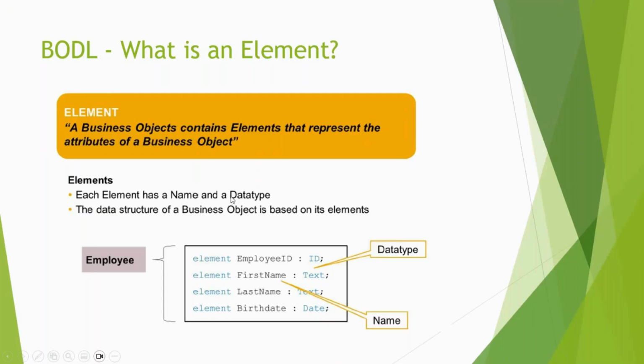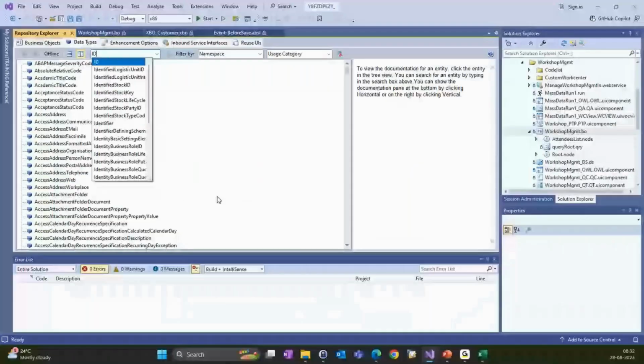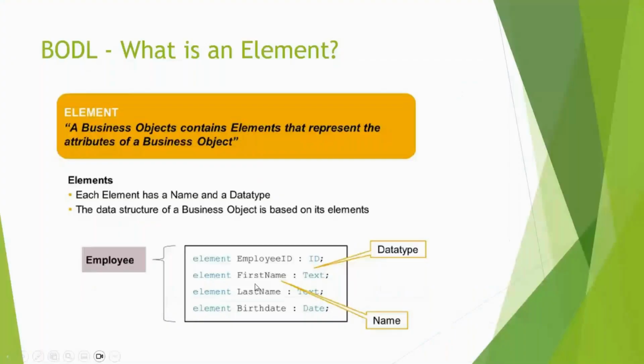Here we will get all the data types. ID is the identifier which we use to store the unique keys. So this is the employee ID, first name is of type text, last name is also of type text, and birth date is a date. These are the data types we have to maintain. This is the syntax for creating any field in the backend.